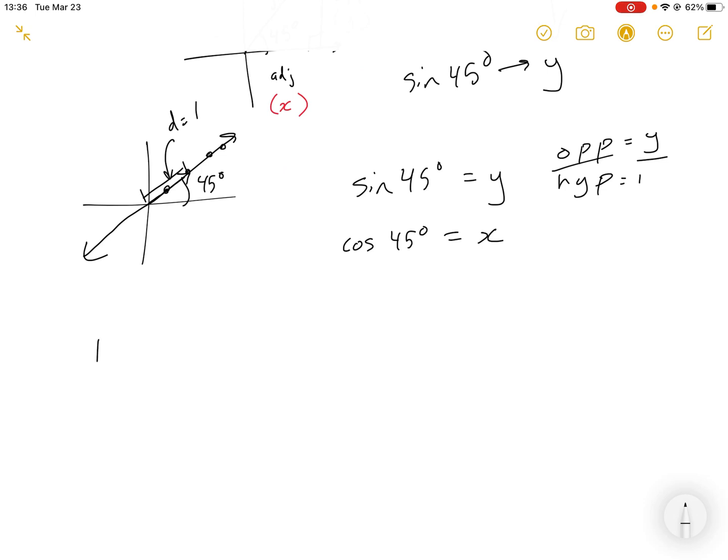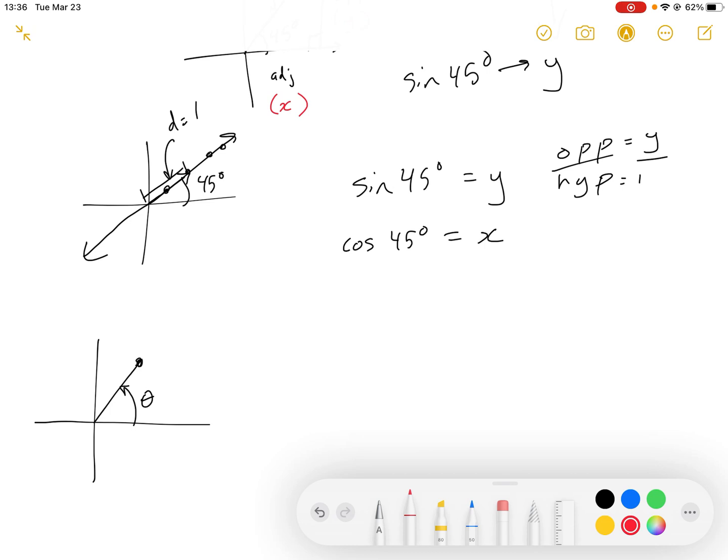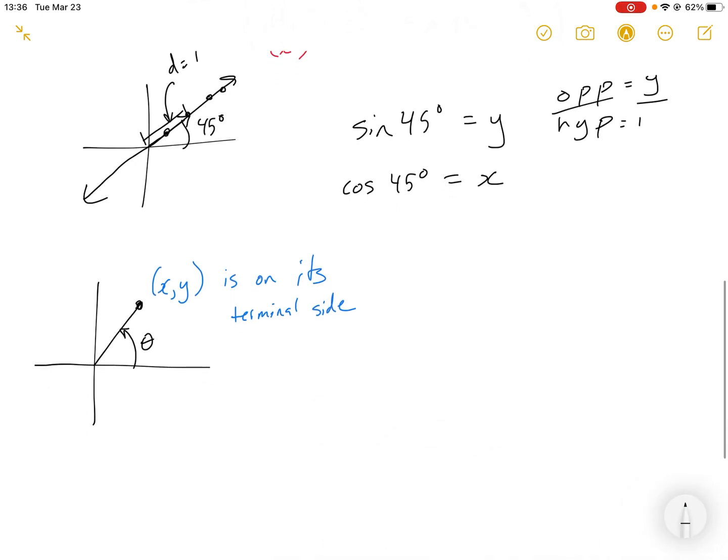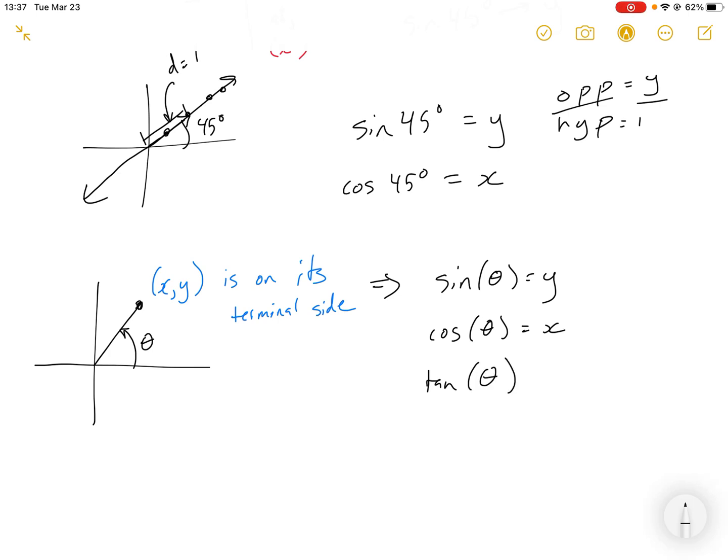But first of all, let's just define, if I have any angle in the coordinate plane, and we would say that the point (x, y) is on its terminal side, then sine of theta is y, cosine of theta is x, tangent of theta, so this would be opposite over adjacent, which is y over x.